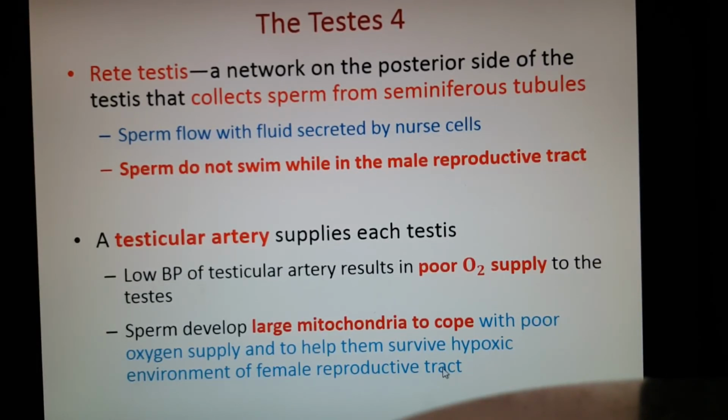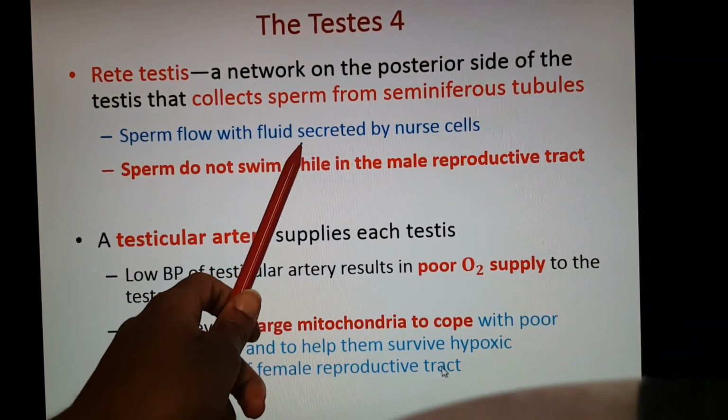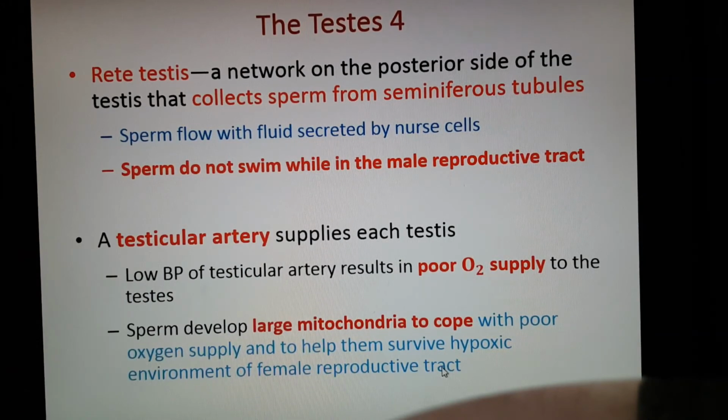Okay, so with your sperm, they're made in the seminiferous tubules, and then they're collected in the testes. So it's a collection of different ducts where the sperm will flow down. They flow on a fluid secreted by the nurse cells. So they're just kind of, not saying lazy, but just flowing around.